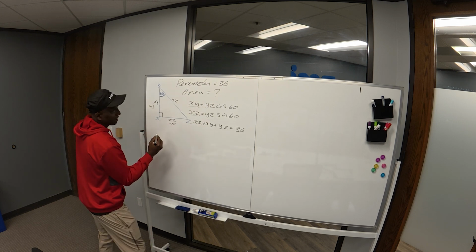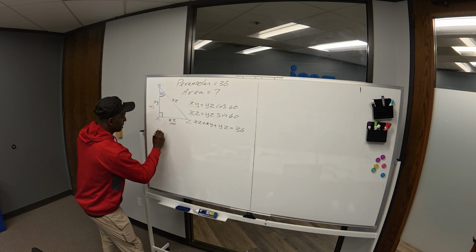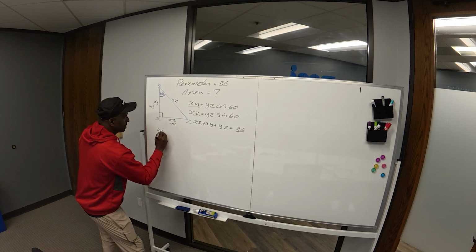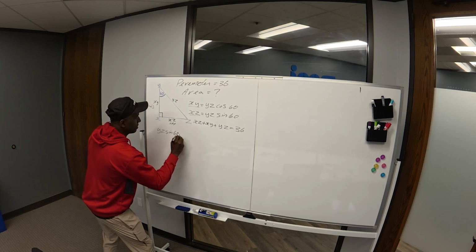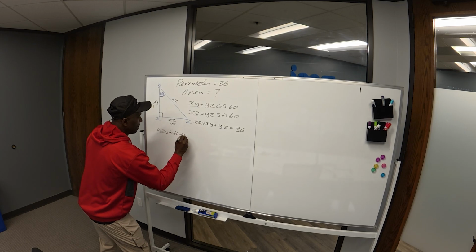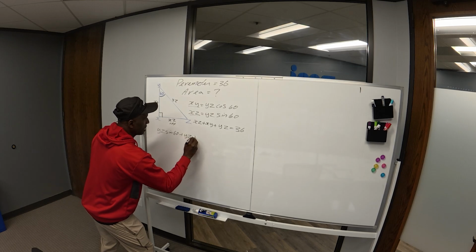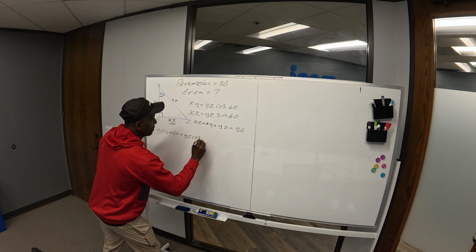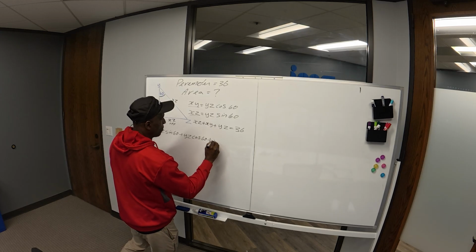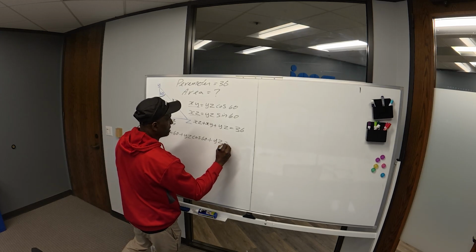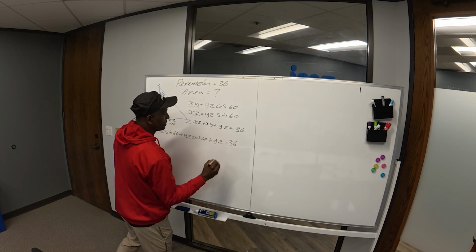We get YZ sine 60 plus YZ cosine of 60 plus YZ is equal to 36.